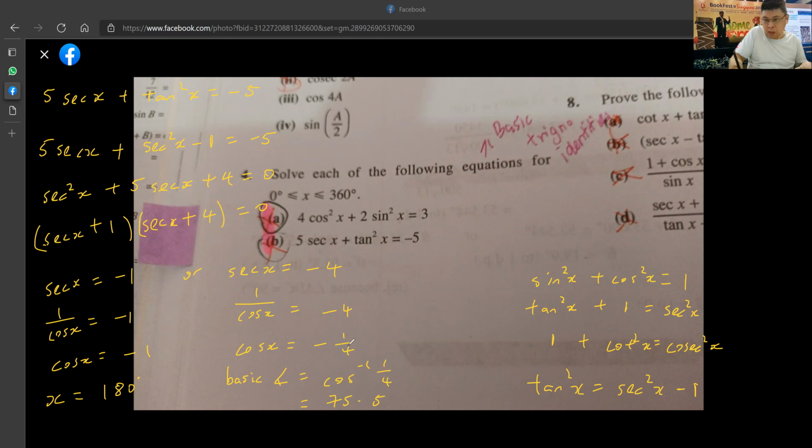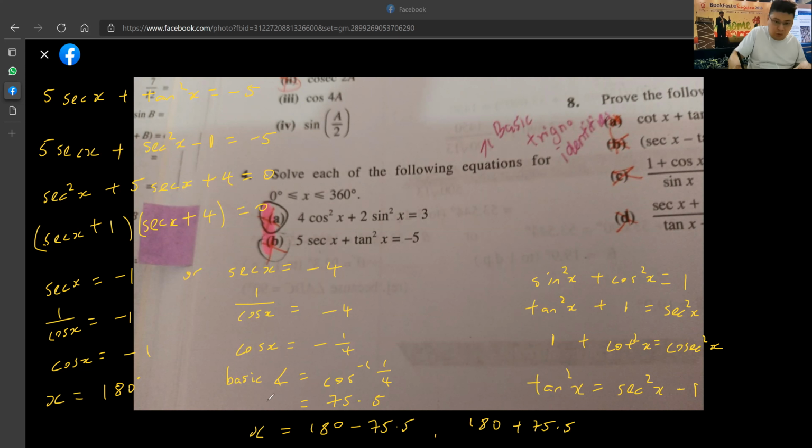And since it's at the negative, right? So it's at the second or third quadrant. So your x, if it's a second quadrant, will be 180 minus 75.5, or third quadrant will be 180 plus 75.5.